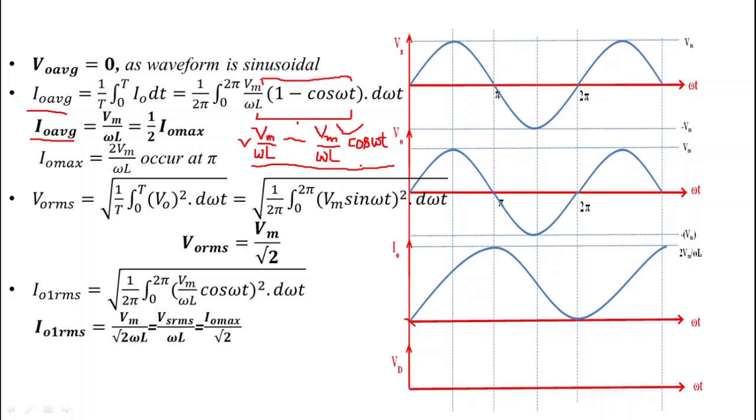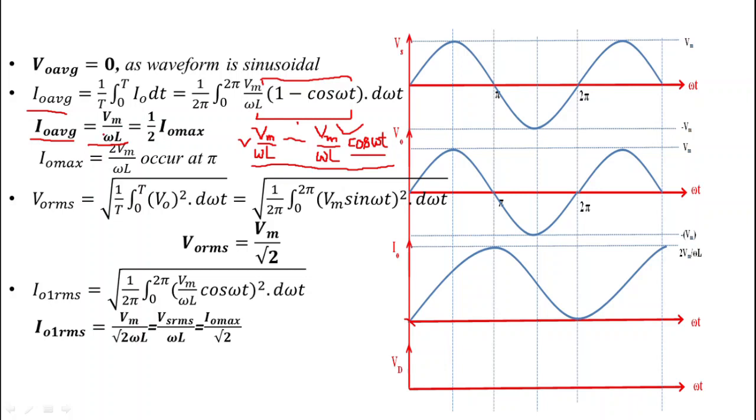We know that the average value of cos omega t is 0, and the average value of the DC component Vm by omega L is Vm by omega L. That's why the average value of the whole current equation will be Vm by omega L. So this is a simple way to find the average value of output current.